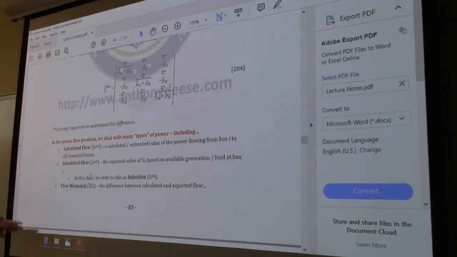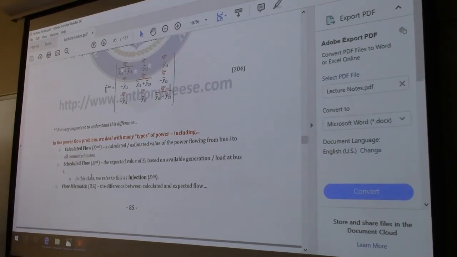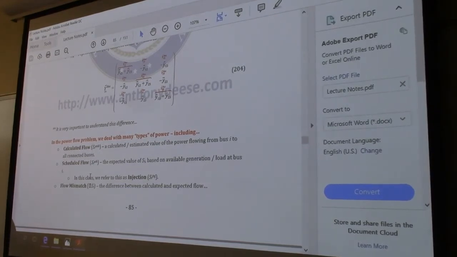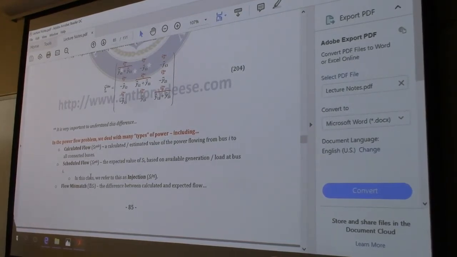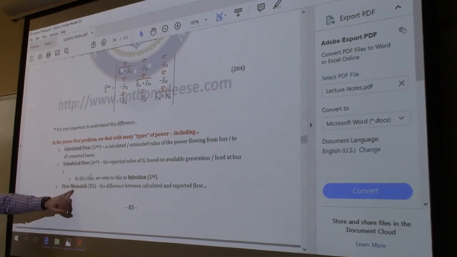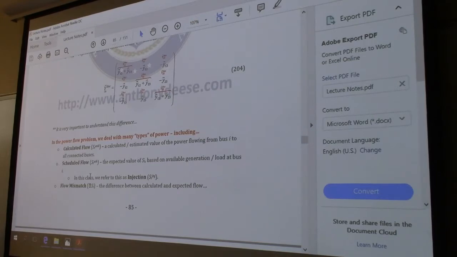Those two values, this and this, will match once you've gotten to a solution. But before that point, they should not match. The difference between them is what we're going to call the flow mismatch. That's the difference between the calculated and the expected, or the calculated and the scheduled flow.